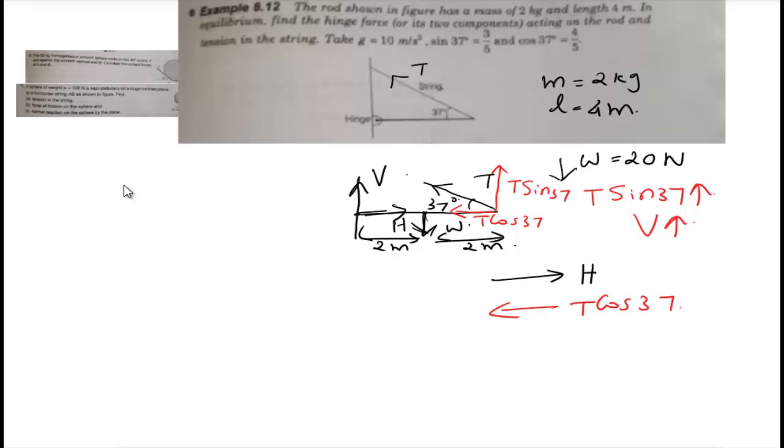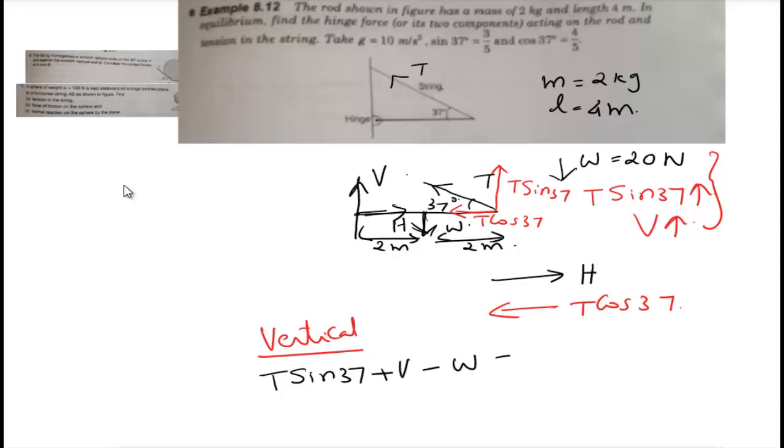Since it is under equilibrium, the sum of all these forces will be equal to 0. First I consider the vertical direction, taking the upward direction as positive: T sin 37 plus V minus W equals 0.